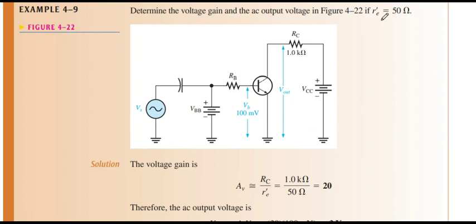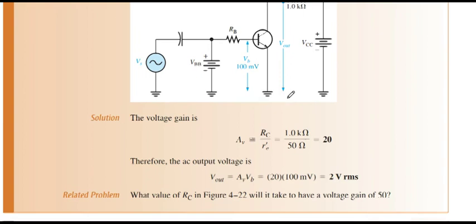There he gives us RE prime, the internal resistance, is 50 ohm. Now VS supply, VB, RB and their VBB. That means it's all the conclusion. VB is equal to 100 millivolt. On the other hand, RC is equal to 1 kilo ohm. Or V out, what is V out?